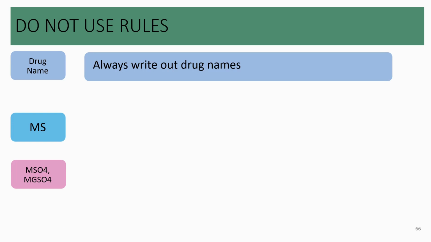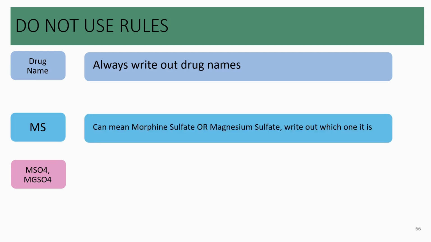Drug names. We never abbreviate drug names, so you shouldn't do it. Write out the full name of the drug, whether it is prescription or generic. Okay, so write out what you mean. MS actually stands for some abbreviations for diseases, but in terms of pharmacology, it can actually mean two things, morphine sulfate or magnesium sulfate.